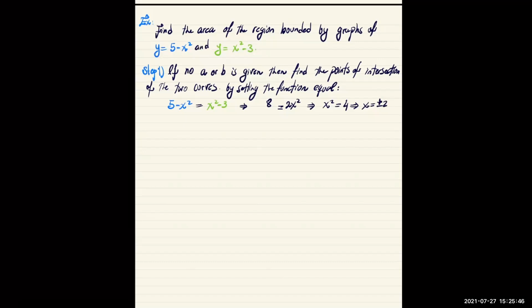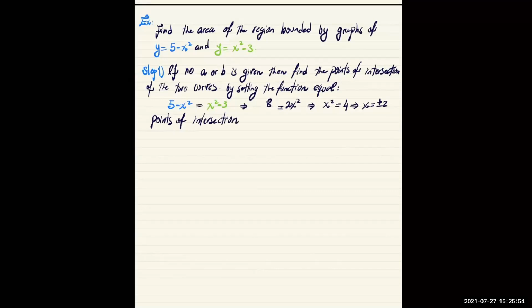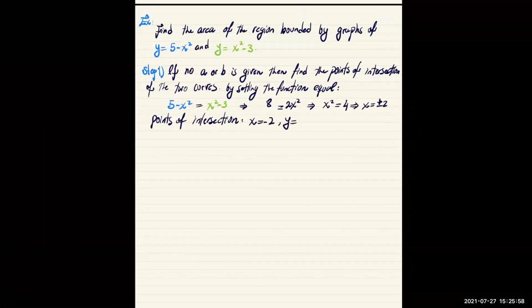Points of intersection: x equal negative 2, y is 5 minus negative 2 squared, which is equal to 1.